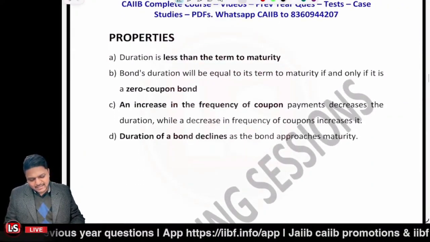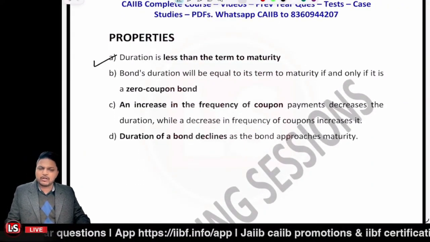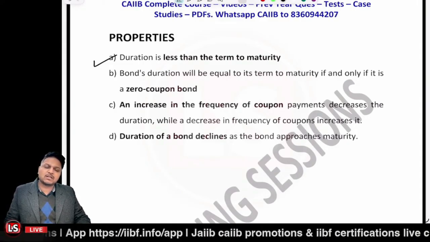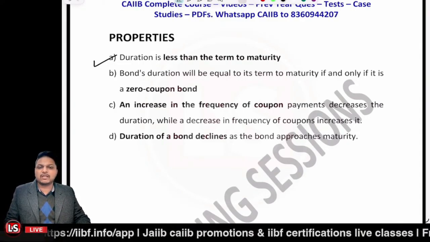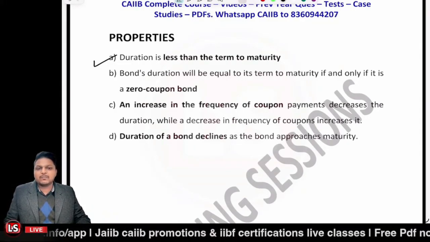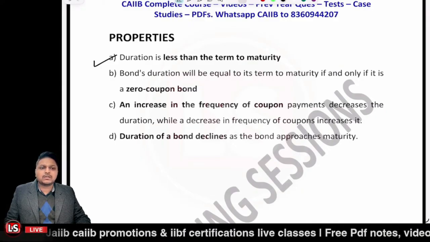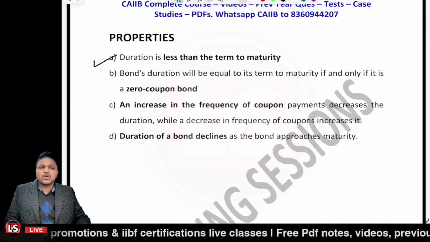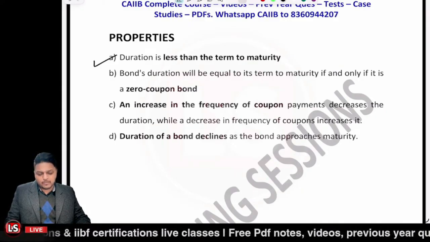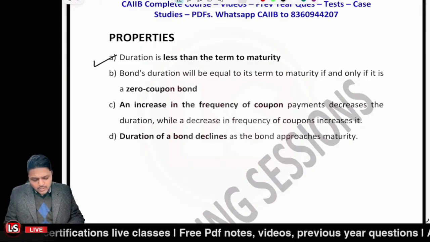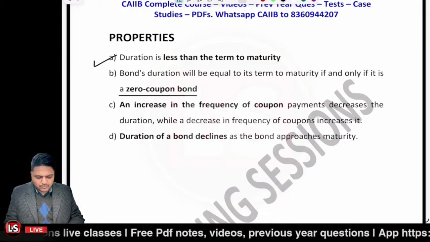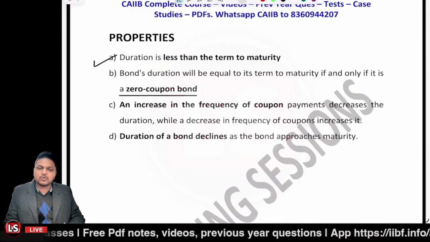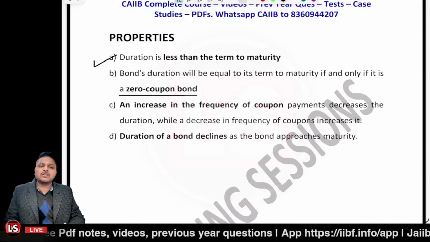Duration is less than the term to maturity. That's the first case. Let's say for 5 years, the duration is 4.5, 3.9 or something like that. A bond's duration would be equal to the term to maturity only if it is a zero coupon bond, because in case of zero coupon bond, no coupon amount is paid, so interest rate risk is not there.